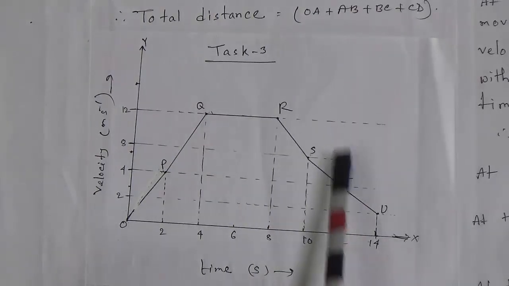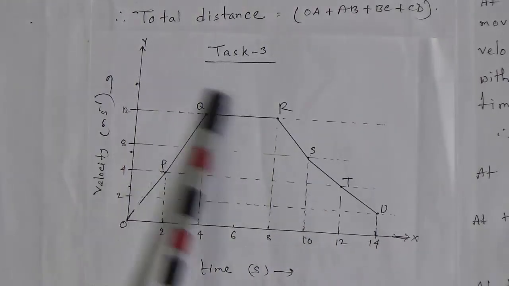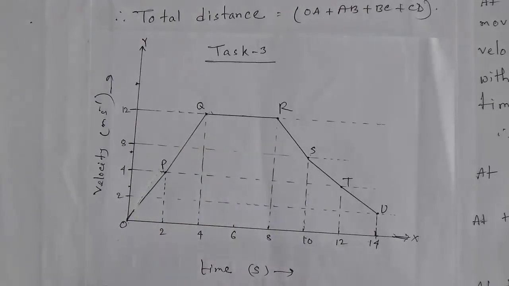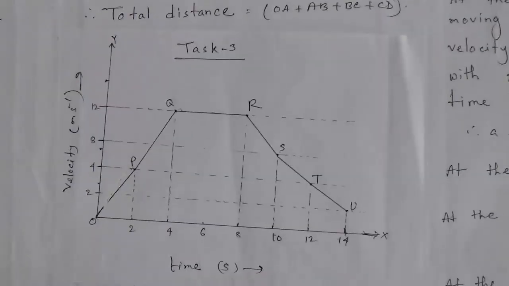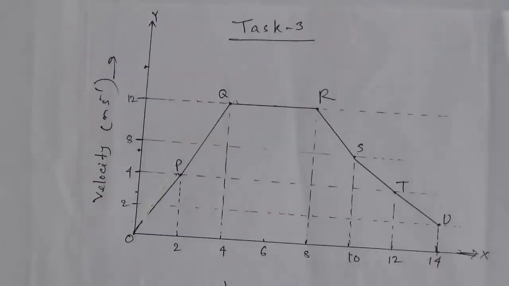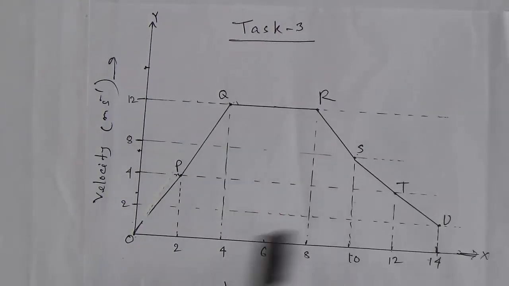From this figure we have to analyze the change of velocity with the help of this graph. The change of velocity means acceleration. So you have to explain the acceleration with the help of this graph or figure.